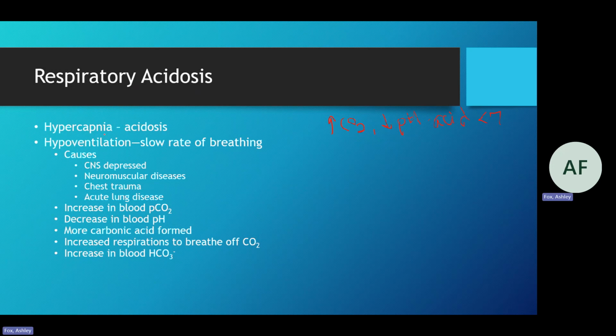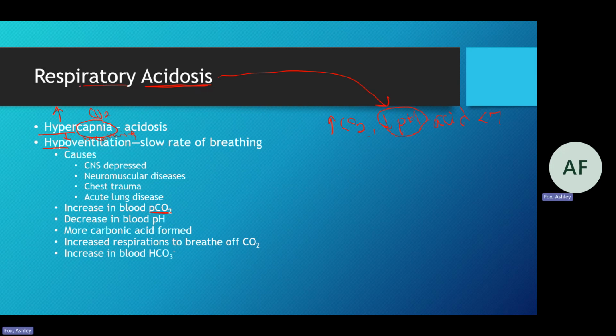So if you have what we just talked about, hypercapnia, so high CO2, because you haven't been breathing as fast, so you have low breathing, then you get what we call respiratory acidosis, meaning your blood PCO2, your blood partial pressure of carbon dioxide, is high, and that causes the decrease in pH. So the acidosis is because of the decreased pH.